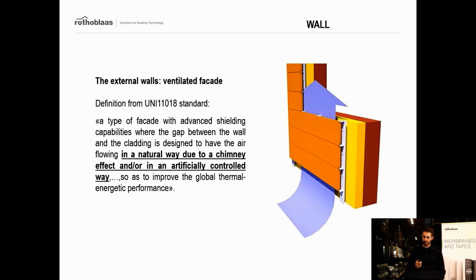And as I said before, also having a ventilated facade, having air passing through is very good, because it enhances also the way that vapor is taken away from the building.